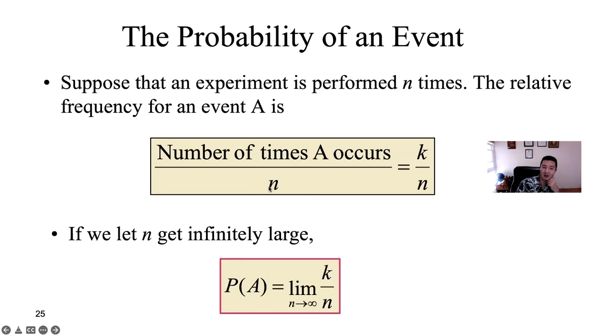If A occurs k times, then it is k over n. So that is the relative frequency of event A. If n is infinitely large, that is the definition of P(A). So P(A), the probability that event A occurs, is the limit when n approaches infinity.